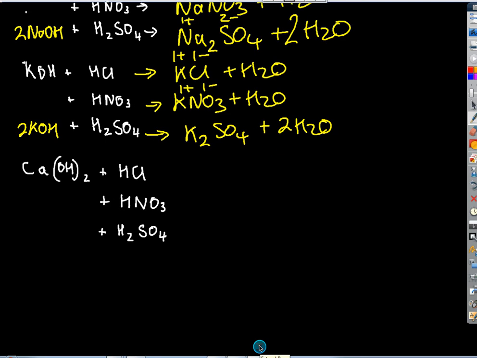Okay, then we're going to move on to calcium hydroxide, which is a little bit more complicated, I suppose, in that calcium itself is 2+ and hydroxides are 1-. And that goes to calcium, which is again, remember, 2+, and chloride, calcium chloride, because it's hydrochloric acid, is 1-, so we need CaCl2, and of course we need, as we always get whenever we react an acid with an alkali, water.